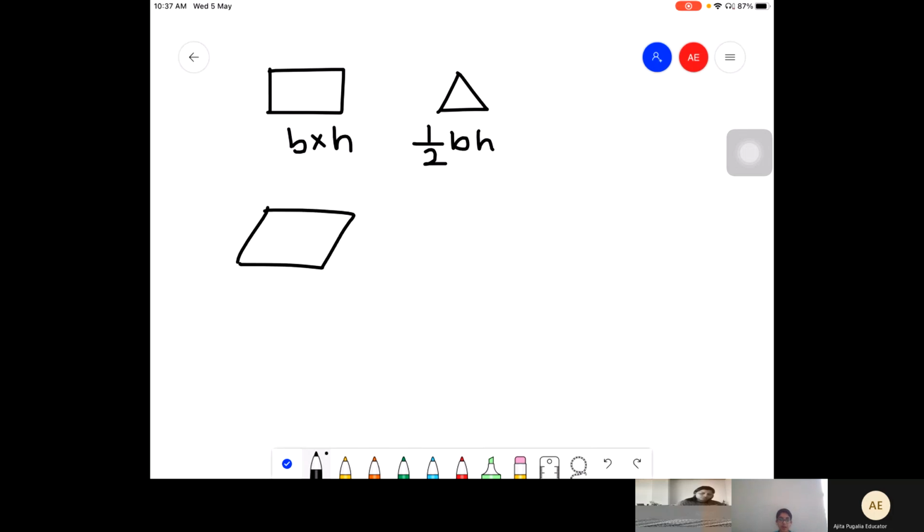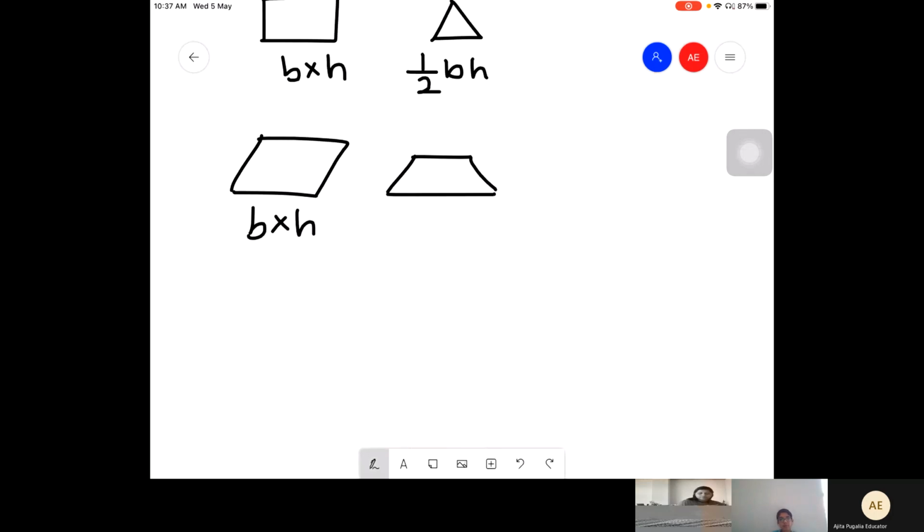Yeah, that's also base times height, I think, because if you cut that part off, it always goes there. Trapezoid, I forgot that. Okay. Next shape, what is the next shape?